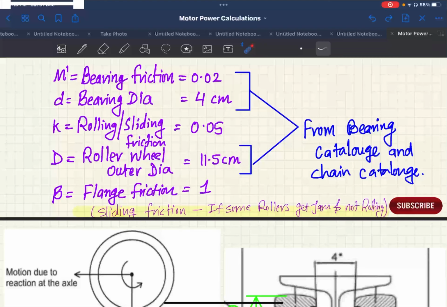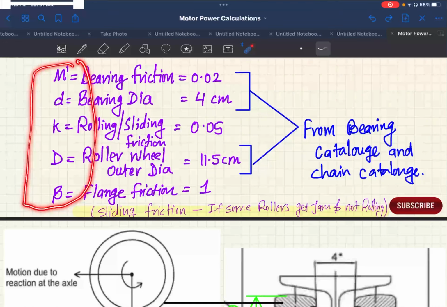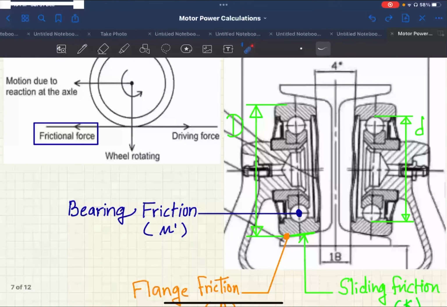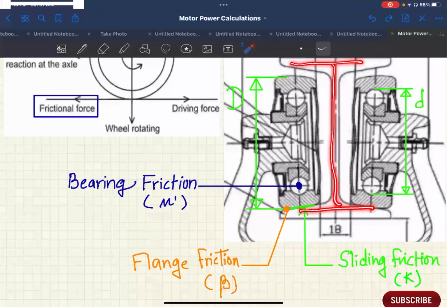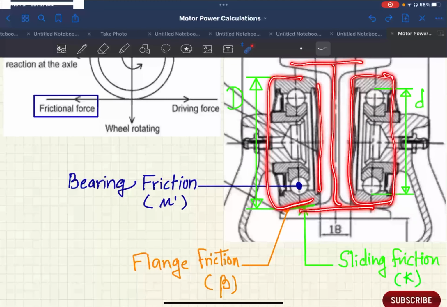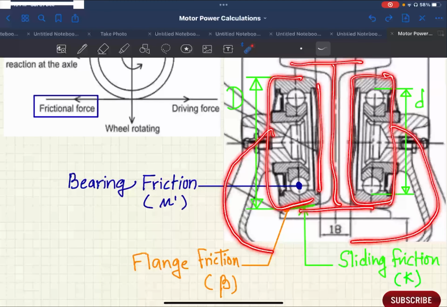Out of these 5 notations, these 3 we can get from the bearing catalog. We will see how all these notations are denoted in the diagram. Here we have provided a diagram showing an I-beam and the trolley running on the I-beam from both sides, and a hook is connected to the trolley.